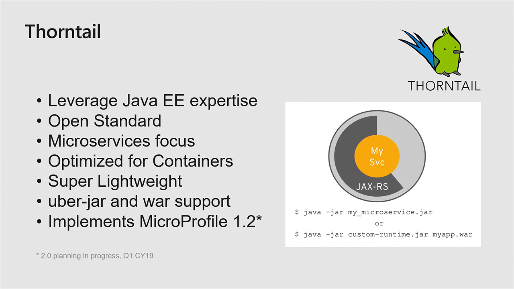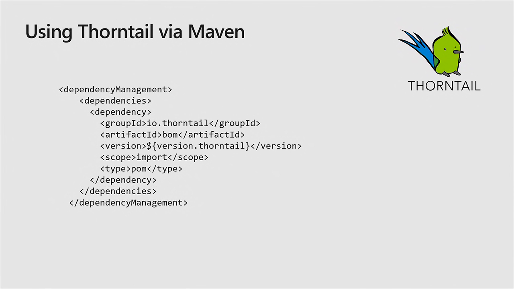Thorntail itself leverages a bunch of Java EE expertise out there. It's an open standard, and as I mentioned before, Thorntail is an implementation that actually implements the standard that's been put together. It's just a way of making things work. Everything works through POM XML, so it's Maven based, and mvn thorntail:run is the actual command you use to run things.